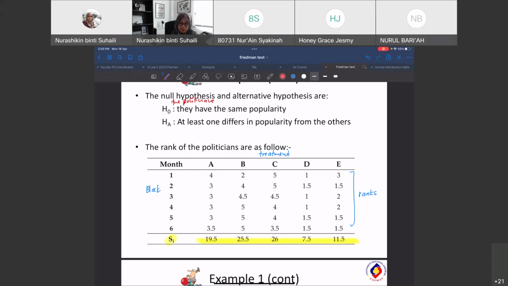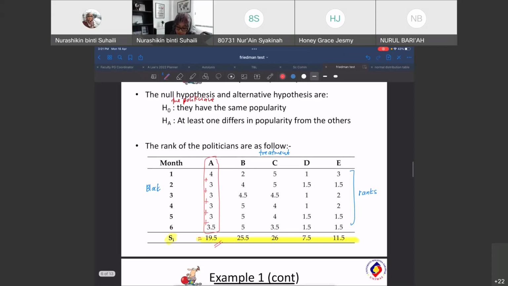within the treatment. So this is treatment A, isn't it? So these are the ranks of treatment A. So you sum it, 4 plus 3 plus 3 plus 3 plus 3.5. So it's equal to 19.5. Okay. And you do the same for treatment B, treatment C, D, and E. So you get this value. So this is the SI. So here means that this is SA.